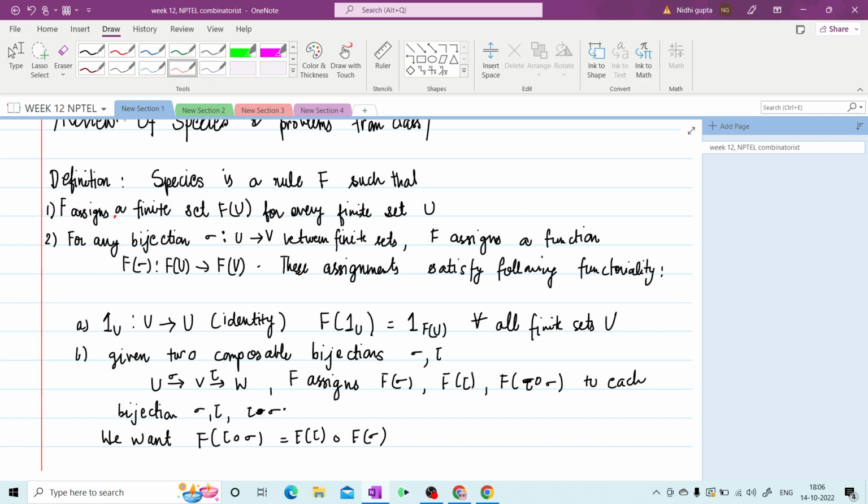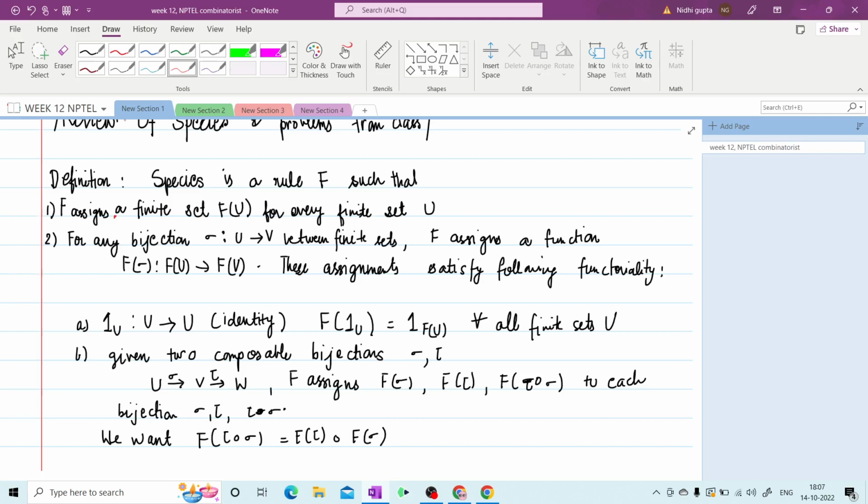That is, if 1_U is depicting the identity function on U, this rule F is sending this identity function to the identity function of F(U), because according to the second step, F(sigma) should go from F(U) to F(U). Therefore the first condition is that F of identity of U is identity of F(U) for all finite sets U.